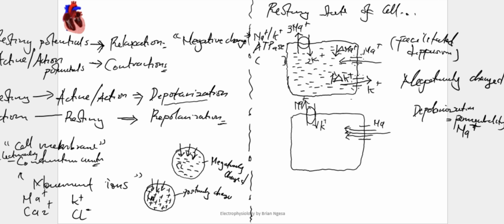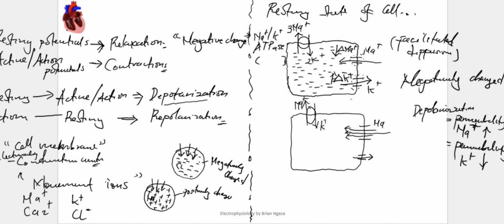And what is happening to the potassium gate? The permeability of the potassium is reducing. So while we have the permeability of sodium increasing in the depolarization, the permeability of potassium ions reduces. So that means the number of potassium leaving the cells is actually reducing.